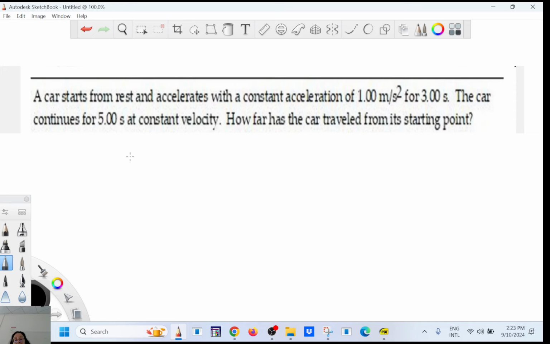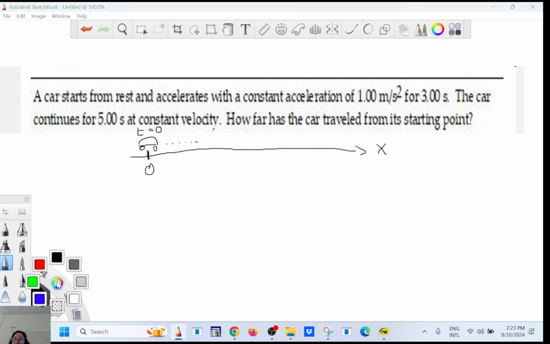Let's do a drawing. Okay, do it. Don't wait for me. Accelerate with a constant acceleration.